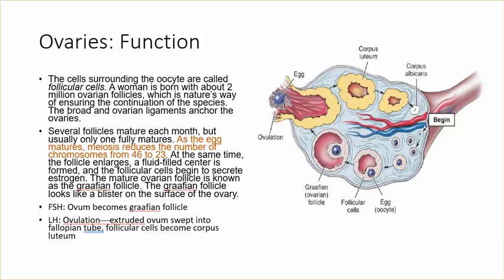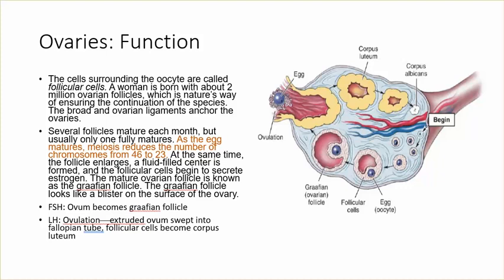All of a sudden it all gets released at the same time. So there's a huge surge of LH, luteinizing hormone. And when that reaches the Graafian follicle, it causes the follicle to burst, and the oocyte is expelled. So we call this ovulation.